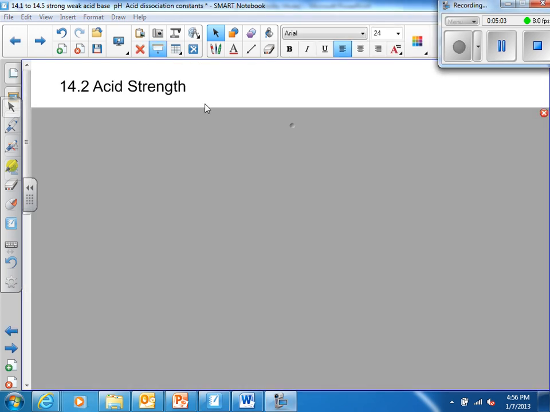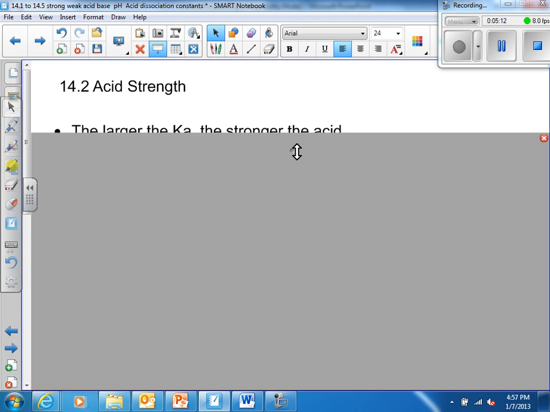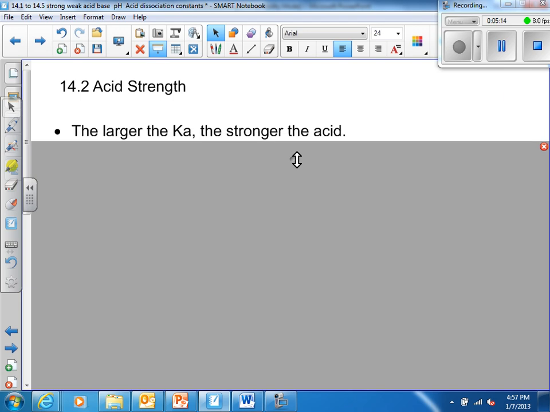All right, section 14.2. We're moving quickly. Okay, acid strength. There's some information you need to know. As Ka increases, the acid strength increases. So if we're comparing two different acids, the one with the larger Ka is a stronger acid.